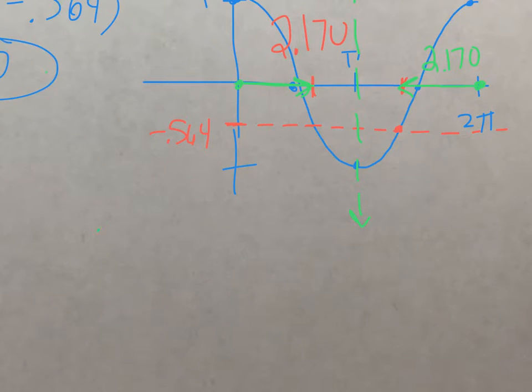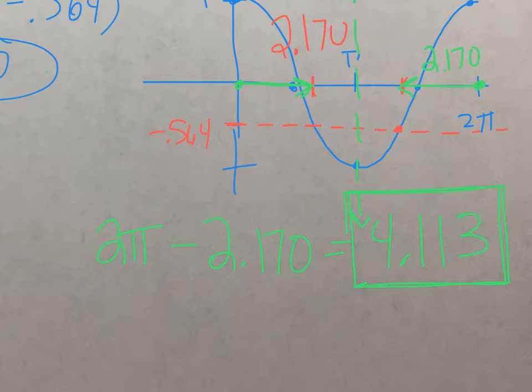So I'm going to subtract my calculator answer from 2 pi, what I figured out with my brain, in order to find this second answer. 4.113 is what my calculator says when I do 2 pi minus 2.170.